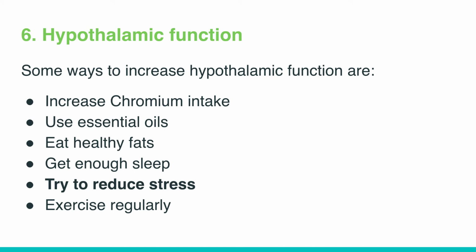Try to reduce stress. This is extremely important, especially in college students. Everybody seems to be very stressed, but just taking a minute for yourself can really improve your overall health as a person and your brain health. And then exercising regularly. Just like any other part of your body, it's important to exercise your body and your brain.